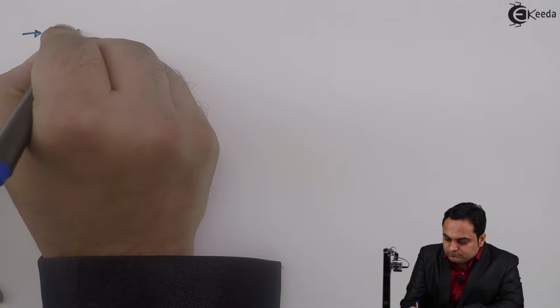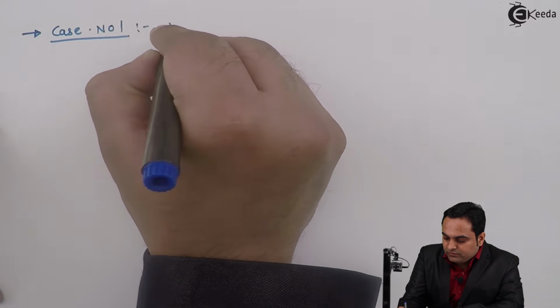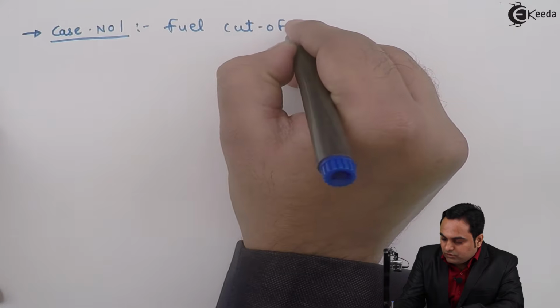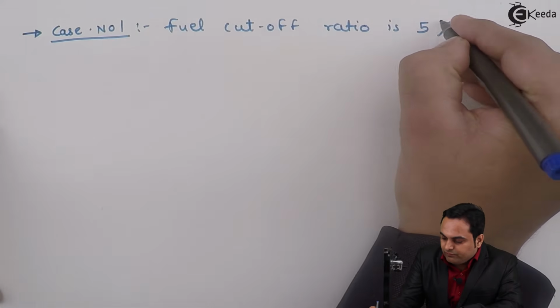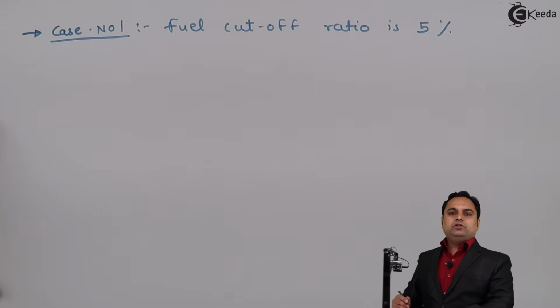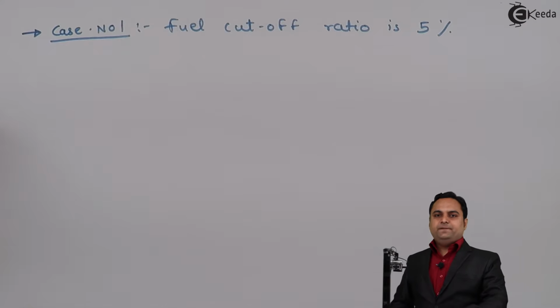I'll say that it is case number 1, that is fuel cutoff ratio is 5%. So now what we are going to do is, for fuel cutoff ratio of 5%, we will find the efficiency of diesel cycle.